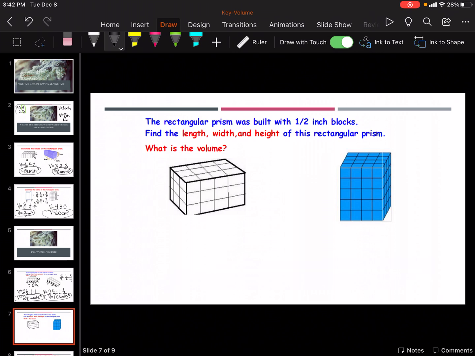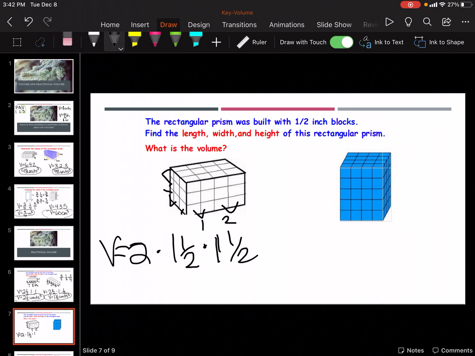Okay, so it's 2 times 1 and 1/2 times 1 and 1/2, so its volume is going to be that. I'm going to do 1 1/2 times 1 1/2 first. So cartwheel around.